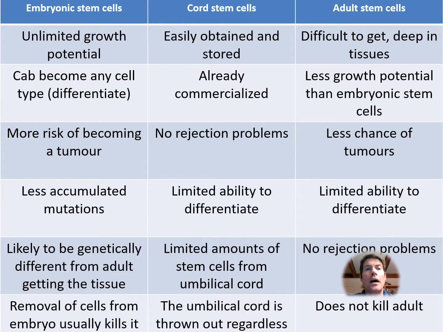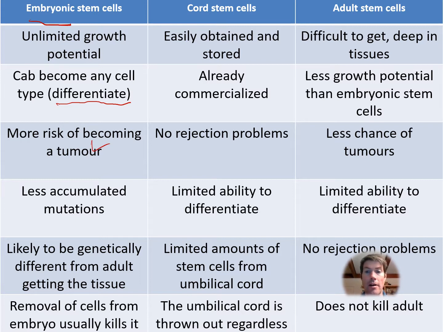But embryonic stem cells have some advantages. There's that controversy, so they cause some difficulty with researchers using them. But they have the best growth potential, and they can become anything. They're much easier to make into whatever a researcher wants to, but they're more likely to turn into cancer, to tumors.